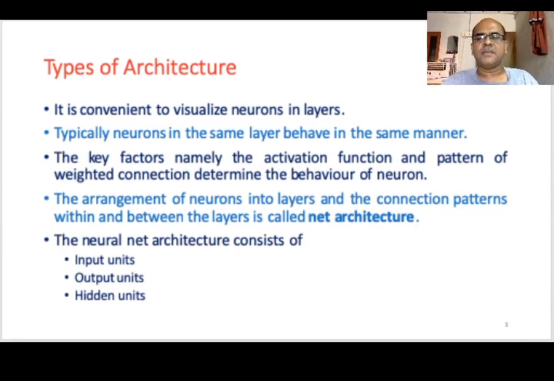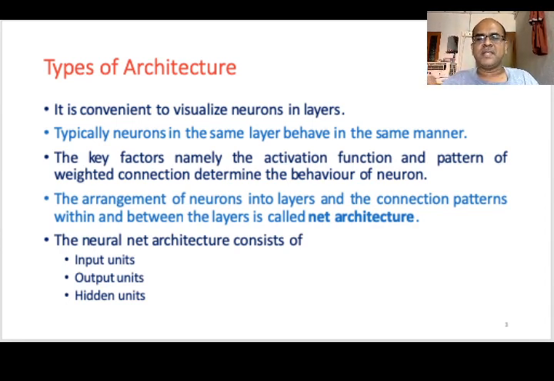These two things basically determine the behavior of a neuron. When I arrange the neurons into layers, the connection patterns within and between layers is what is termed the net architecture.